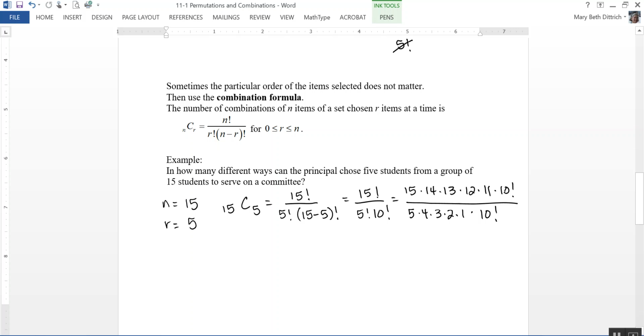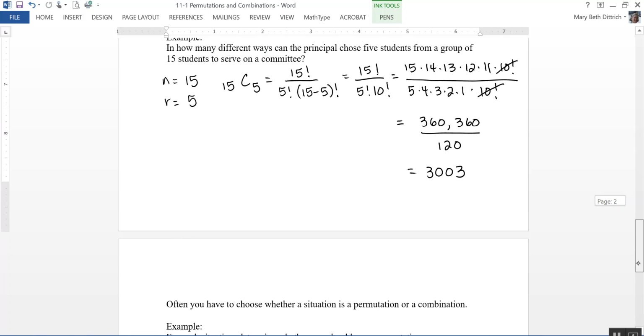Now when I go to simplify this, those will cancel out, and my product on the top is 360 over 120, or 3,003 ways that the principal can choose 5 students out of 15 to serve on a committee.